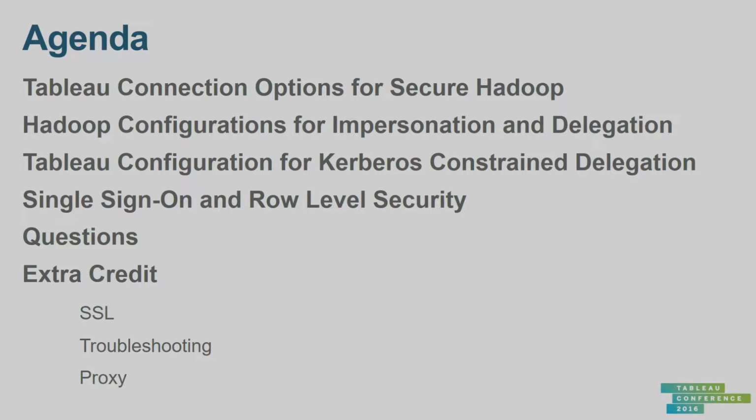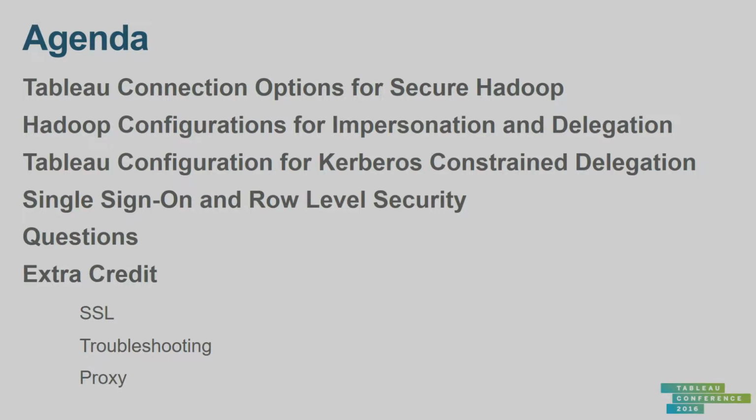And so we'll touch a little bit on delegation and impersonation. We'll touch a little bit about how we can do single sign-on and row-level security, which is not necessarily built into the platform yet. I'll take questions as we're going along if possible, but there'll definitely be some time at the end to take more questions.